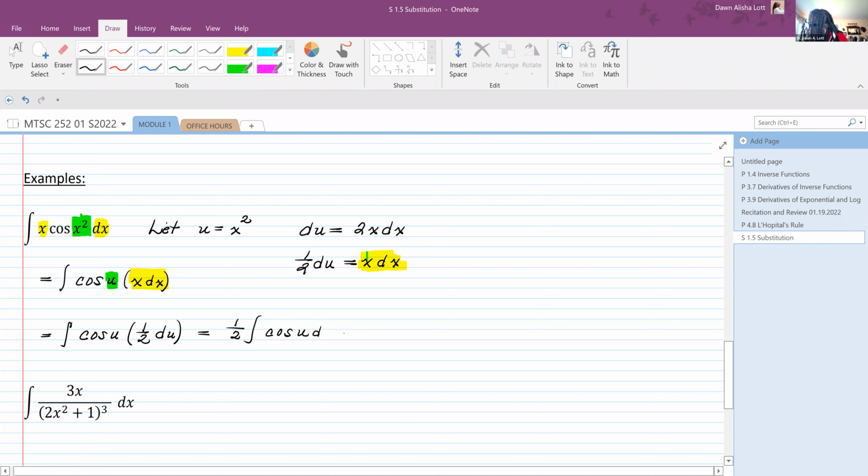When I integrate cosine, I just get sine. So this is 1/2 the sine of u plus a constant, which I now have to put u back in. So I get 1/2 the sine of x squared plus a constant. And there's my answer.